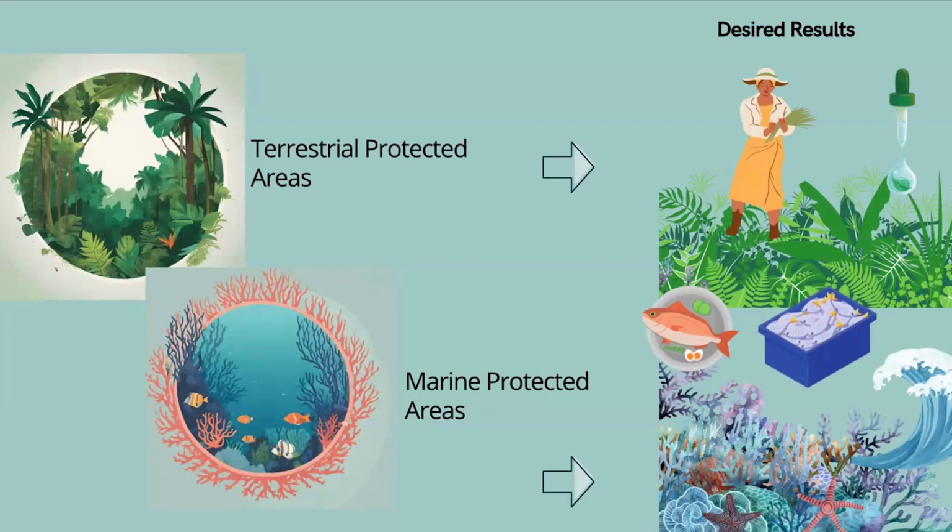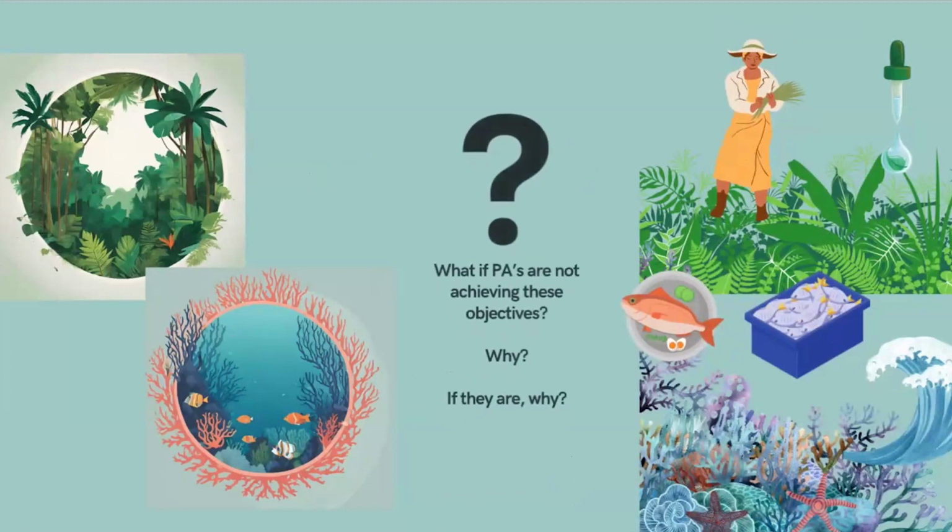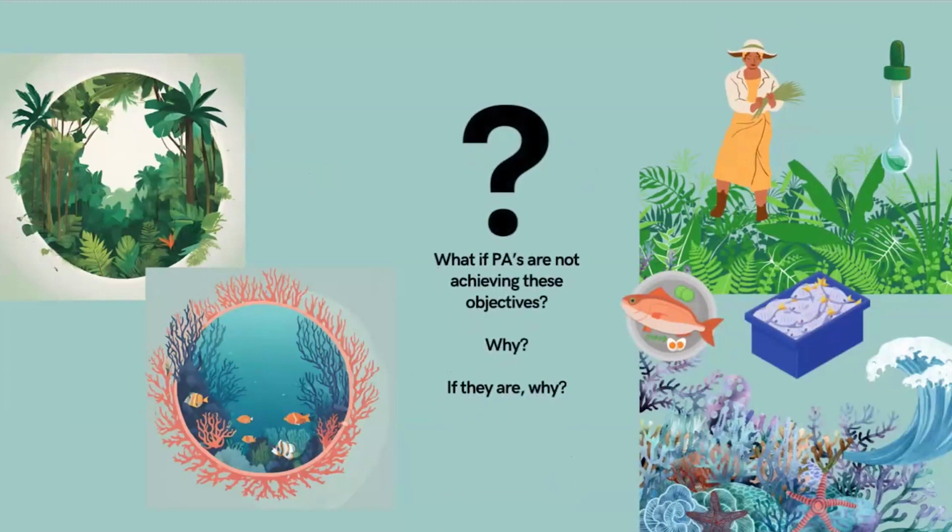They enable traditional practices, or they protect coastlines from storms. So that's ultimately the why we do this, the desired results, those ultimate objectives that we're trying to get from protected areas.